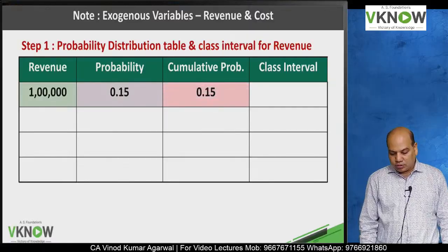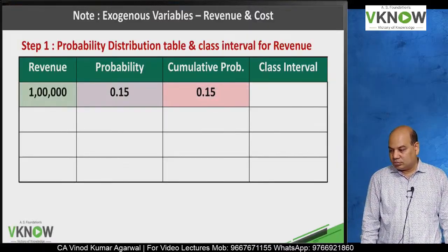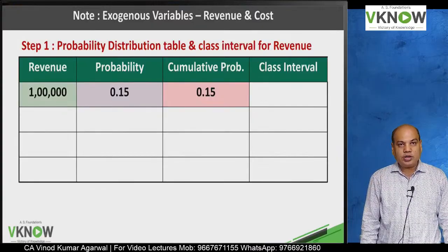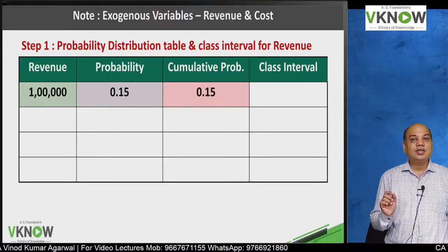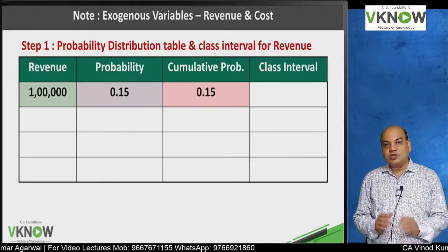So revenue, write down, revenue is 1 lakh, probability is 0.15, cumulative probability will be 0.15. What will be the class interval? Come on, class interval, first 15 numbers.